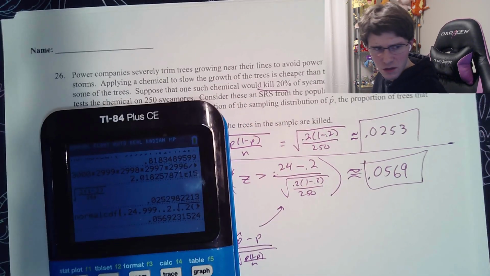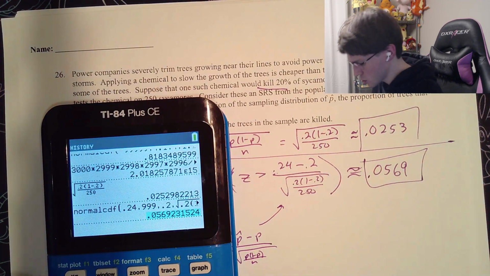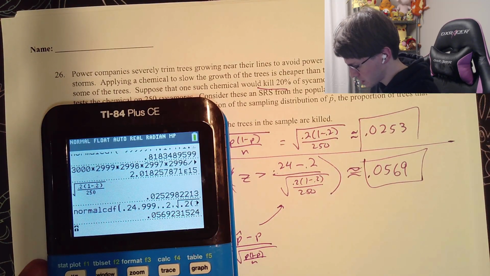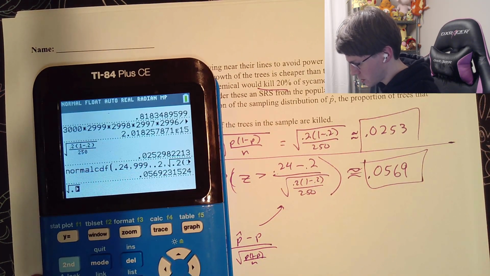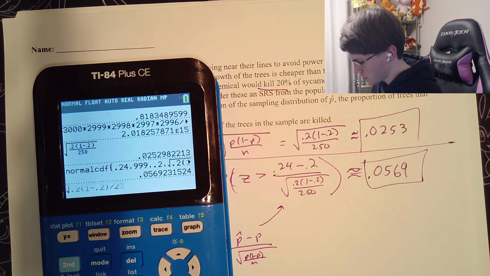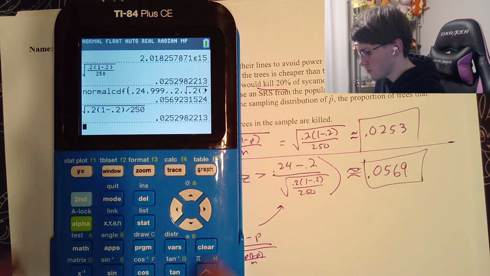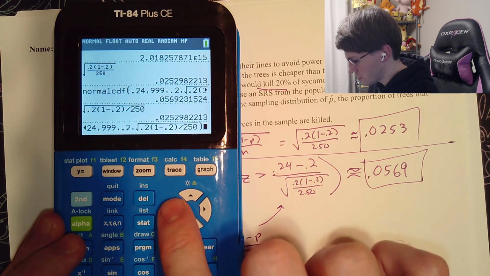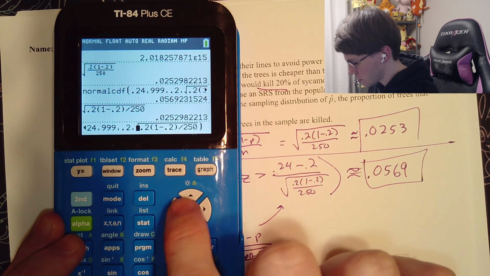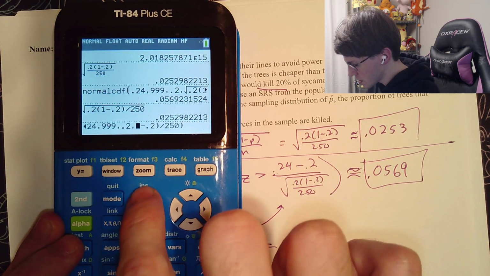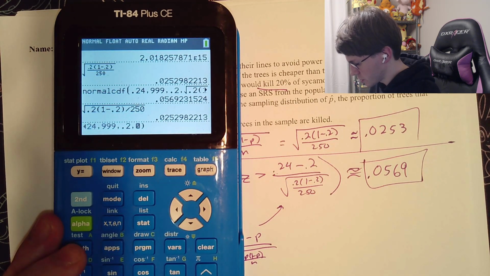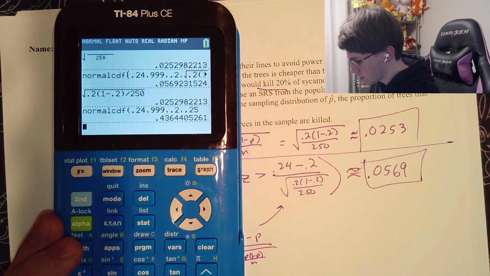If we went back to the square root button, just to show you guys that I'm not making things up, I had 0.2 times 1 minus 0.2, divided by 250. You'll notice they have 0.02529, so they're using 0.25. If I go back up to this one and delete this entire square root and type in what they said, which is 0.25, now I'm going to get that.